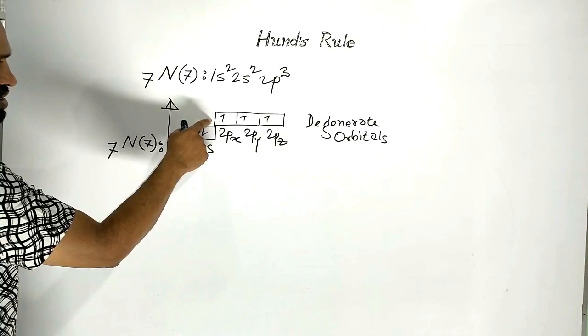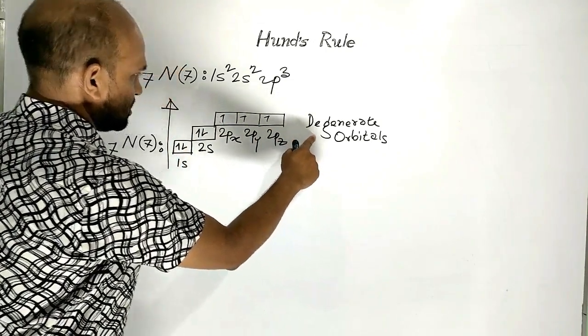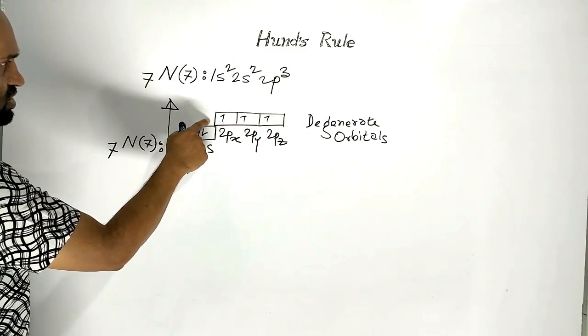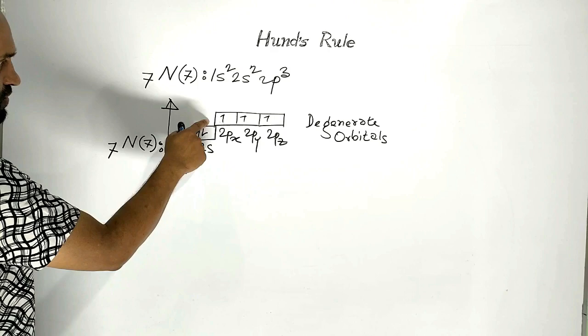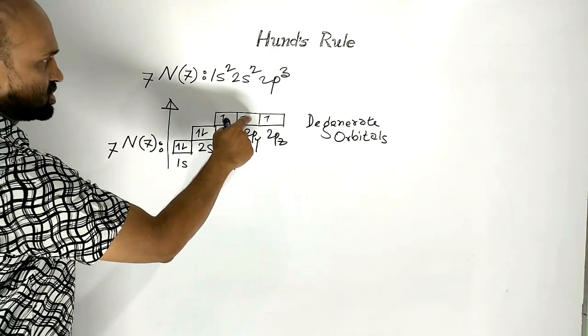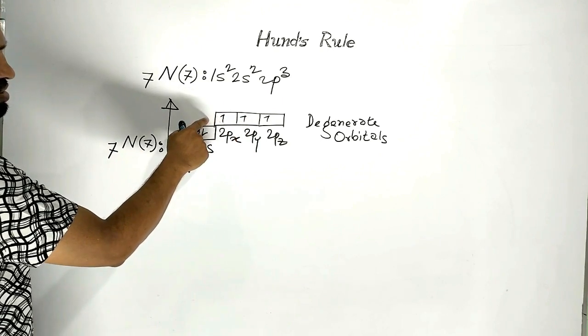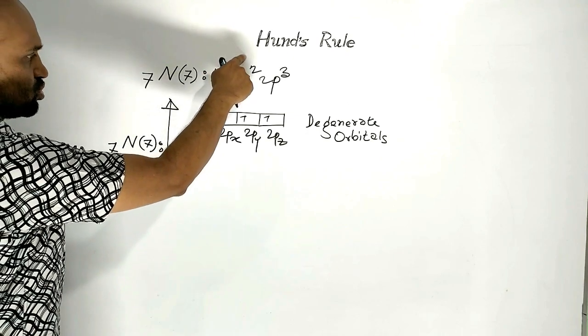Orbitals with same energy are called degenerate orbitals. In case of degenerate orbitals, electrons will be distributed in this way. Initially, one by one electrons are distributed with the spin of same direction. Actually, this matter is known as Hund's rule.